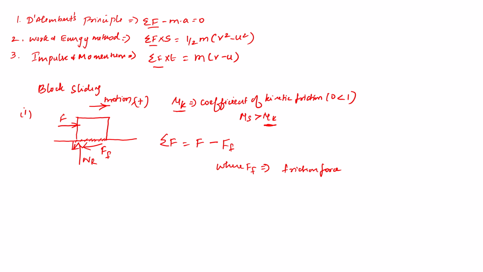We call it the normal reaction, and F f is equivalent to the product of mu into NR, where NR is the normal reaction.